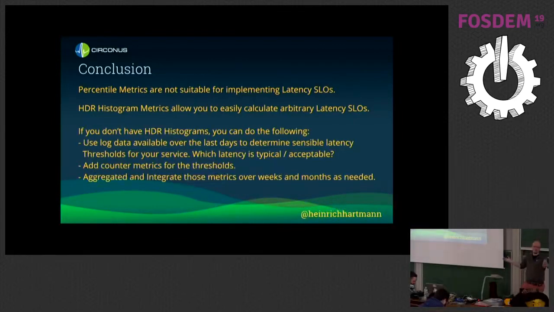With the HDR histograms, you don't have to make any choices. It's pretty cheap, and it's as powerful as if you would do 46,000 metrics of the Prometheus style. But yes, in theory, they're exactly the same. Yeah, you can view it as a clever compression, which gives you a factor of 10,000 more efficiency, right?